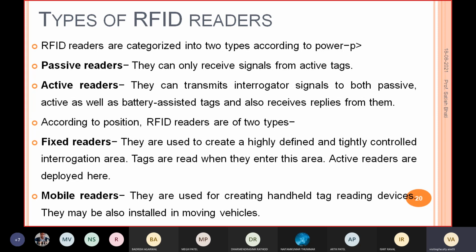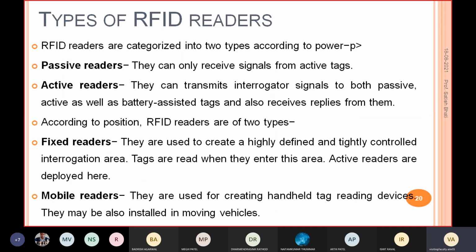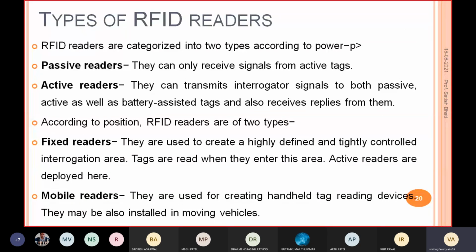Now we have seen the types of RFID tag. Now let's see the types of RFID readers. Let's discuss it and then we will finish the lecture.